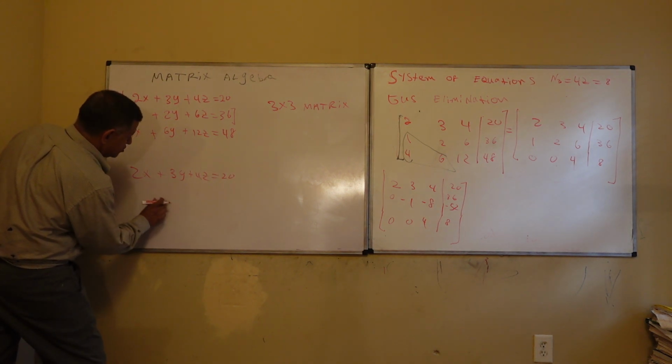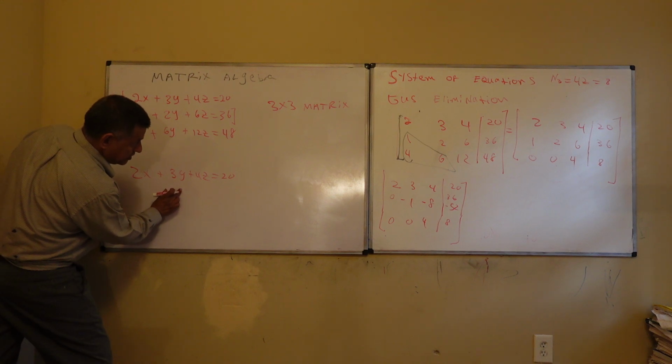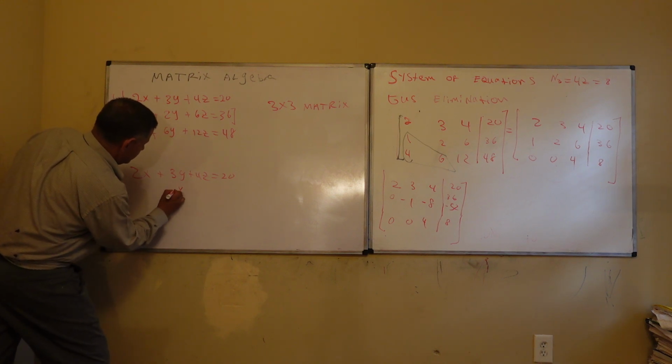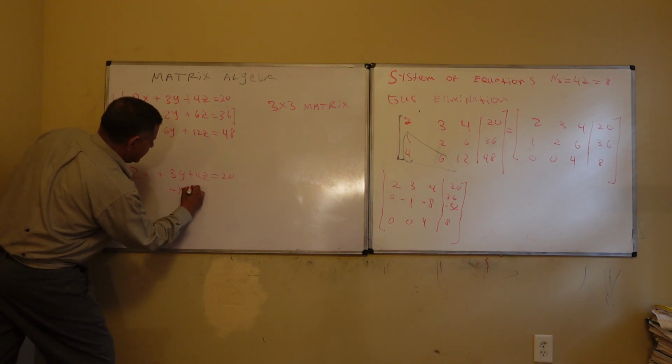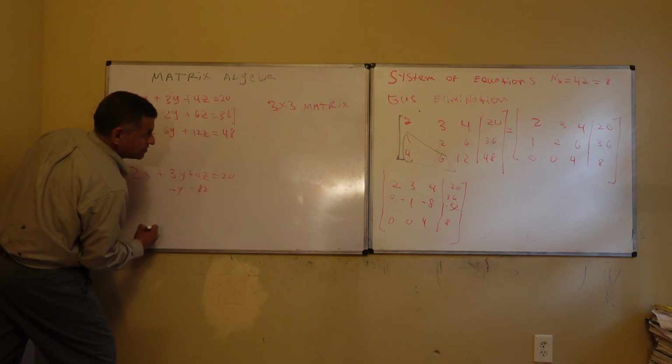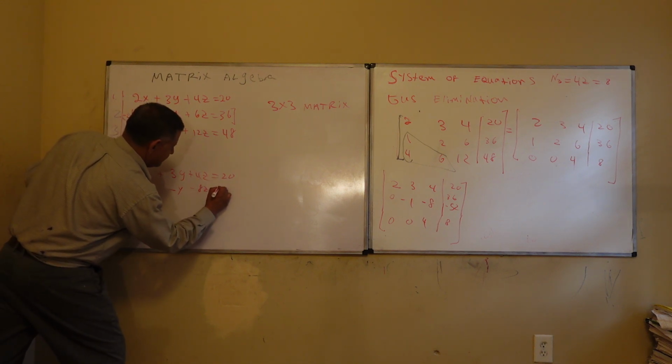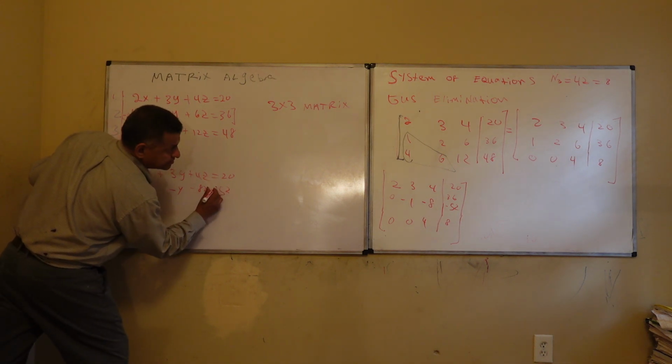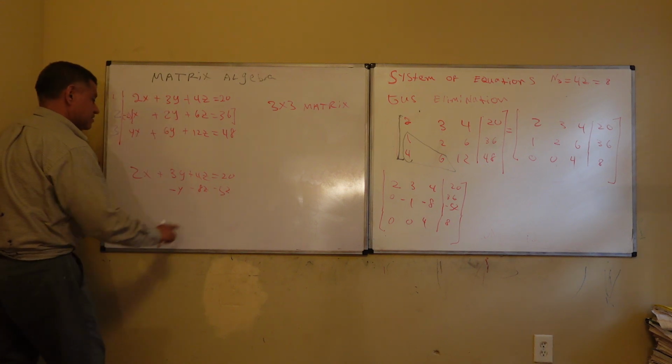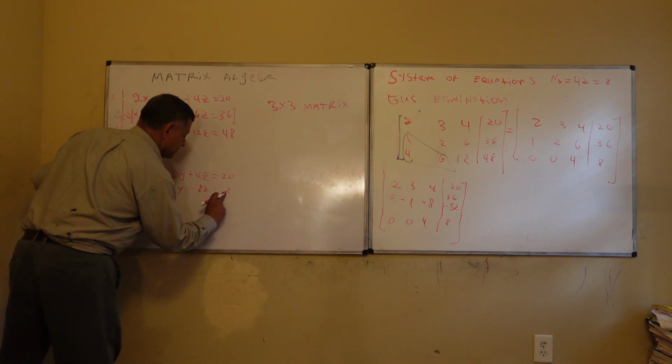Now I don't have nothing over here, right? I have a negative y, and I have a negative 8z, and I have negative 52, right?